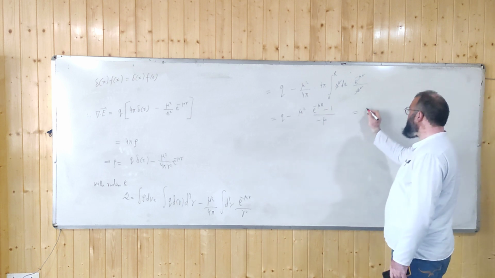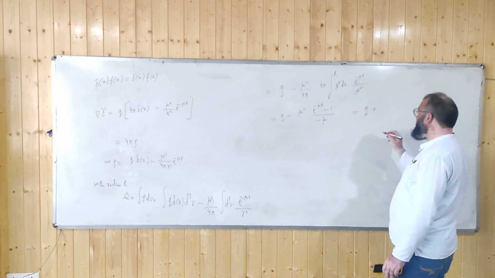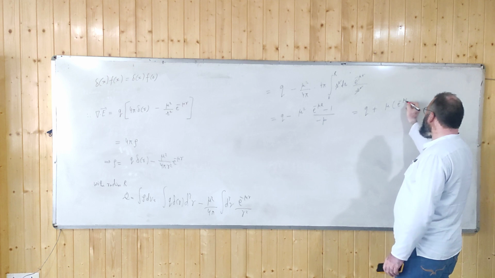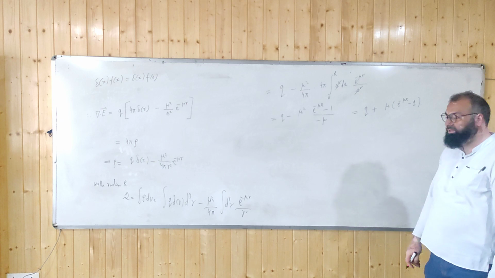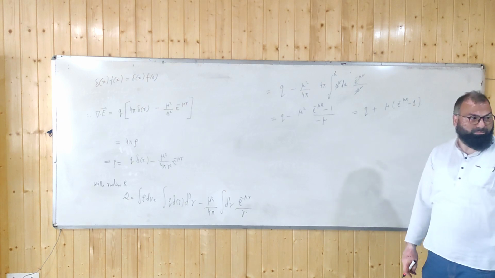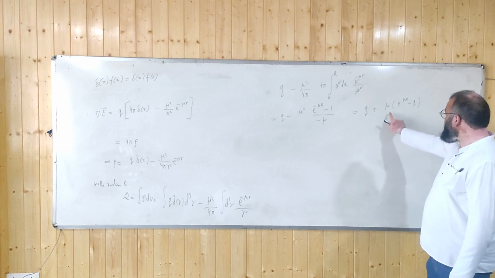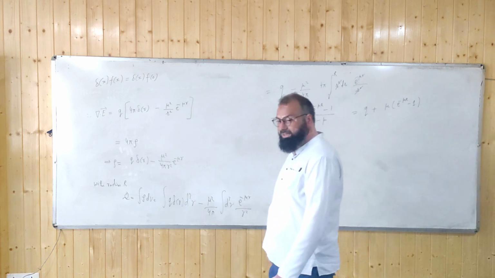So that's equal to Q plus mu into e raised power minus mu r minus 1. So this is actually the amount of charge you get. Understood? So if you put mu equal to 0, you will get total charge as Q. Clear?